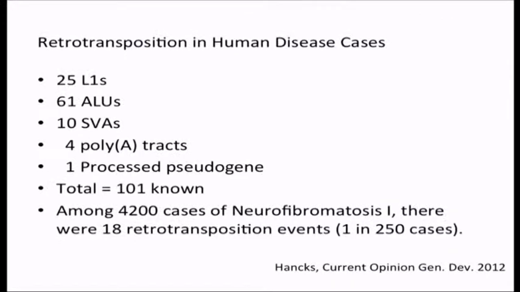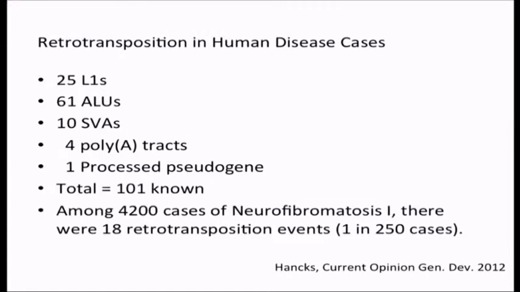How about retrotransposition causing human disease? Well, it turns out now the number is up to 101. I showed you that first case. Now we're up to 101 cases. There are many more Alus actually inserted causing disease than L1s.